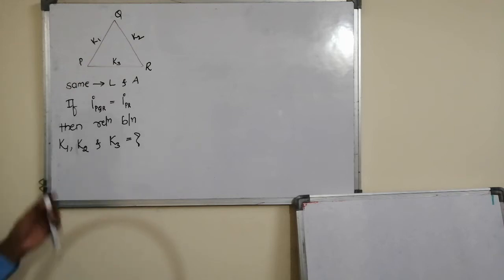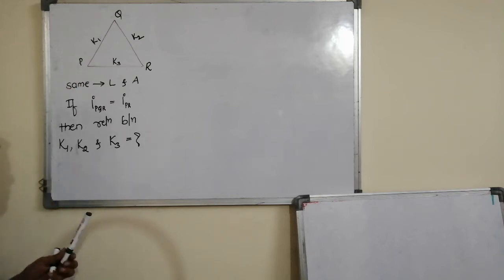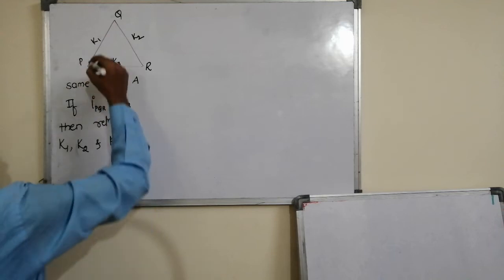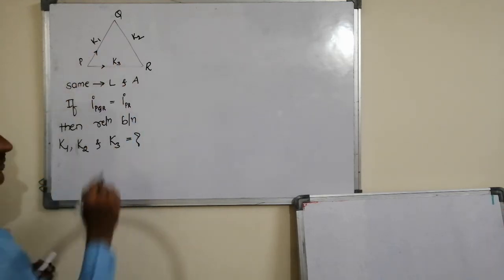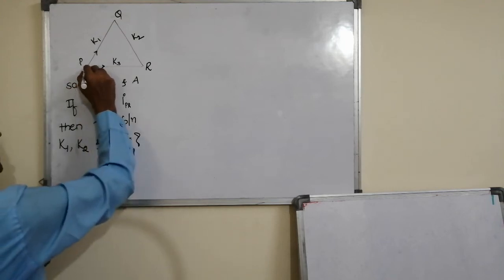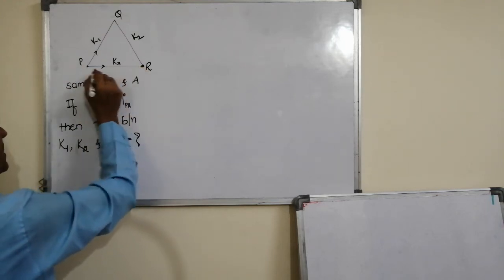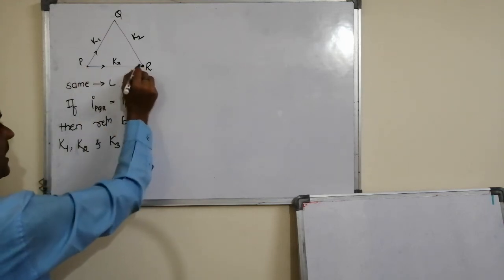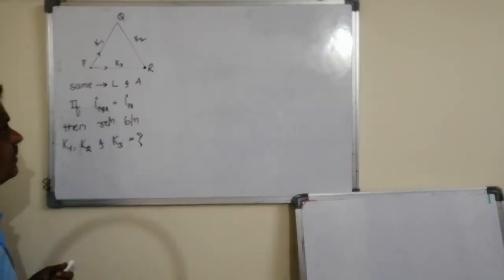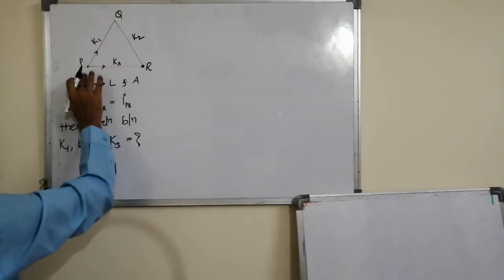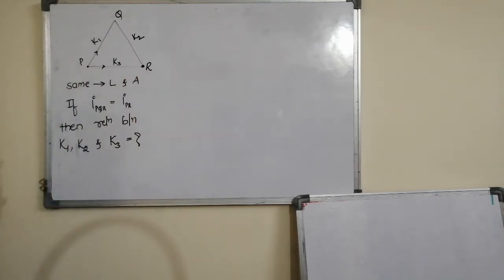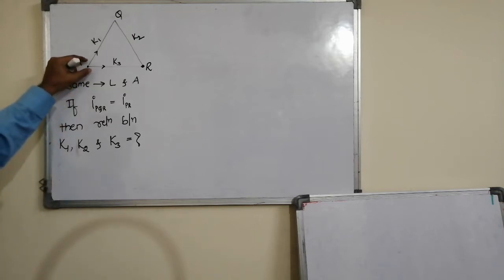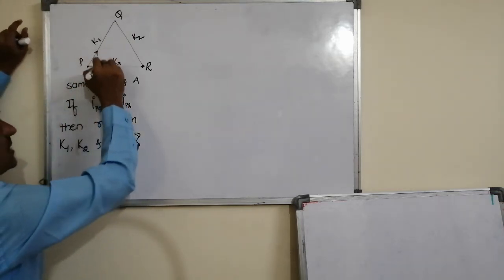If you observe clearly, one current is flowing here, another current is flowing here. It means current is flowing between these two ends, so for both the temperature difference remains the same.